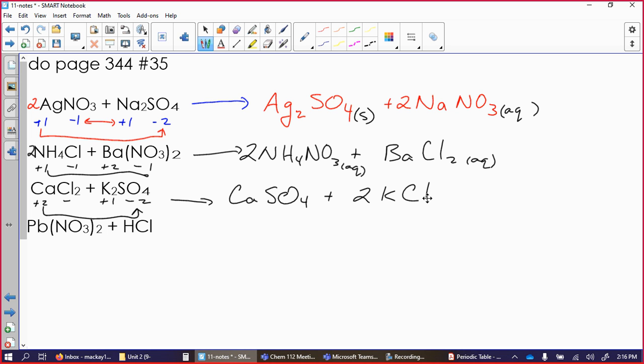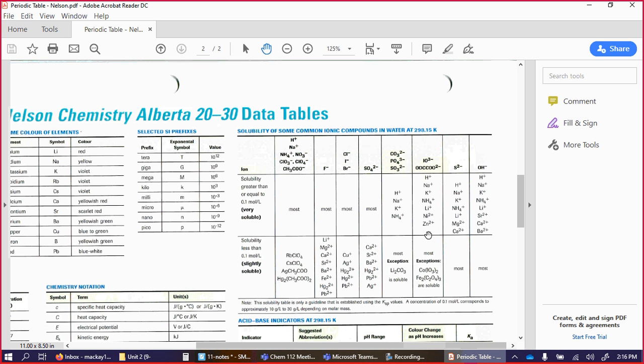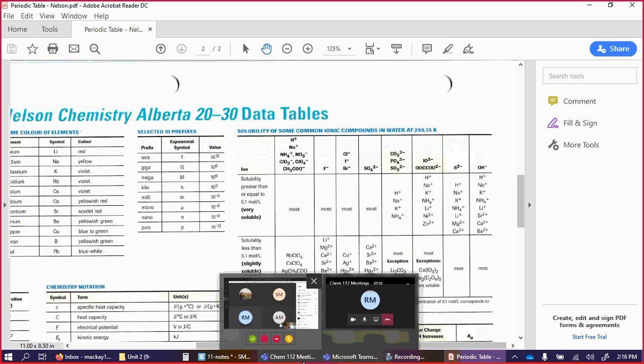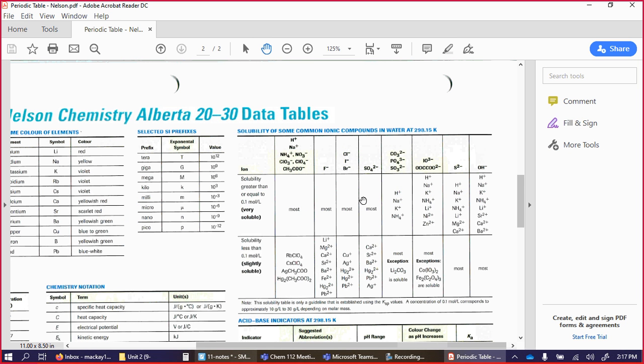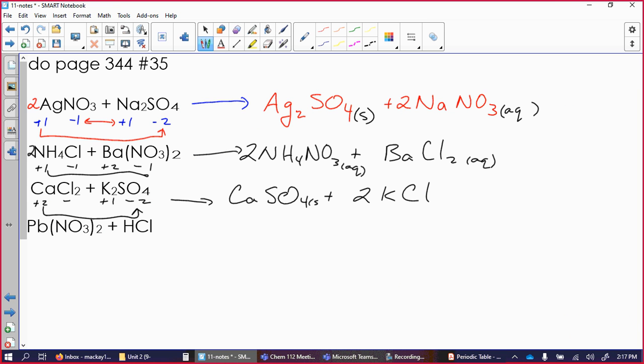We balance with a coefficient, not by saying K2Cl2 because that makes no sense. Chloride, potassium isn't down there, so that's aqueous. And then what was the other one we had? Calcium sulfate. Sulfate, most. Oh, calcium is down on the bottom. Solid.